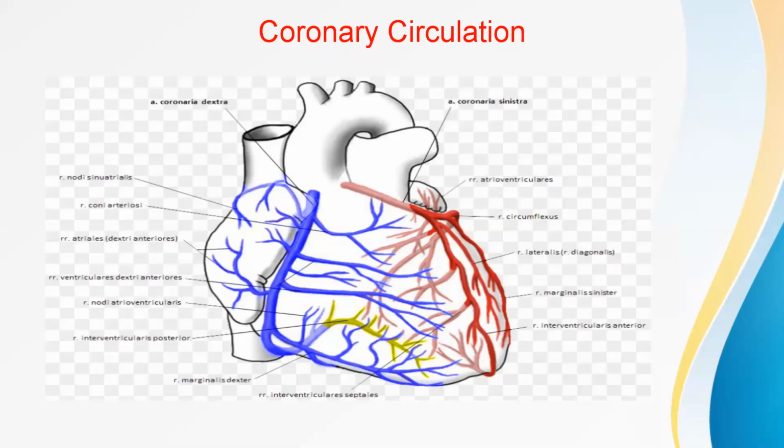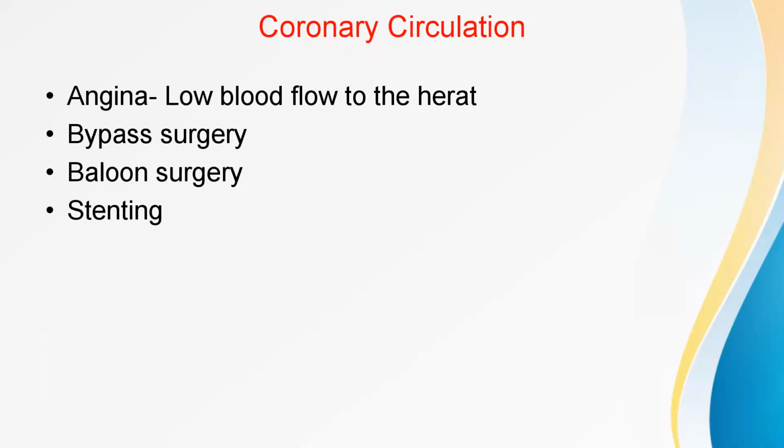Normally, coronary circulation supplies the blood to the heart. So if there is any blockage in the coronary circulation, which can lead to the heart attack. When a person has a heart attack, there are some surgeries, and this is also called as angina.